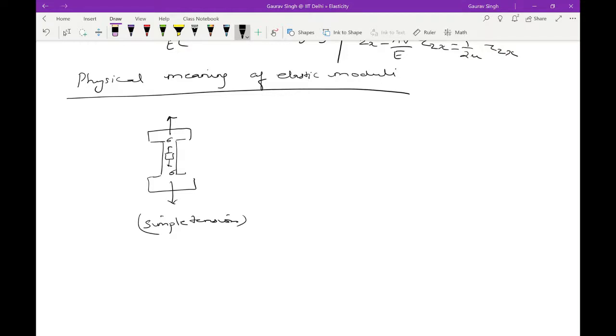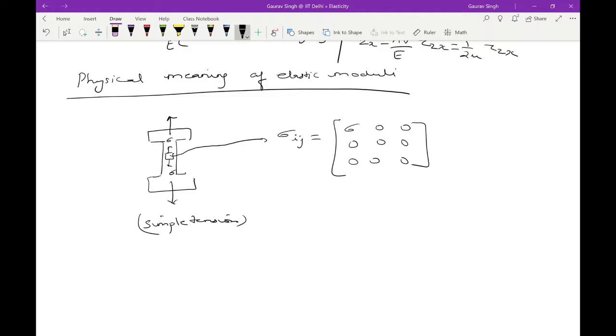Now if you have a simple tension test as is shown, and the direction is x, I mean the sigma is in the x direction, then the state of stress is represented by this situation, meaning at this point this is the state of stress which should exist: sigma 0 0, 0 0 0, and 0 0 0.